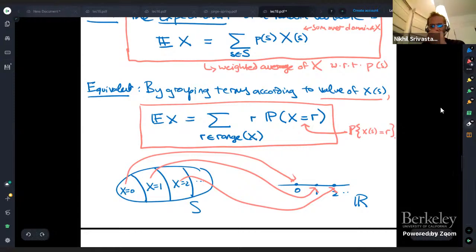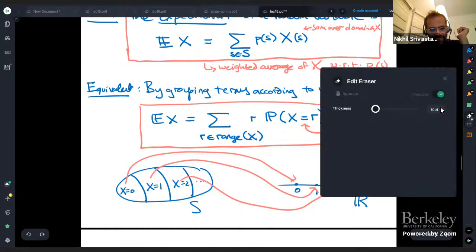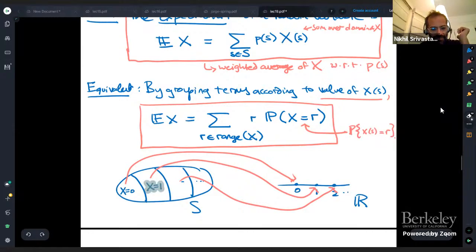So, to be in the same notation as chapter 2, let me write it as an inverse image, which I know is a sore subject for some people after the midterm. So this is X inverse of 0.